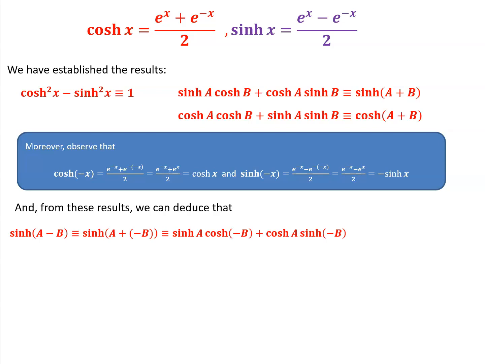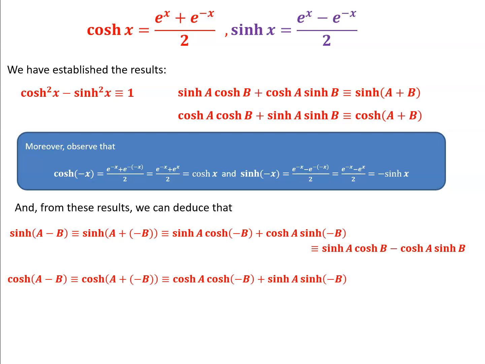So sinh of a plus minus b is going to be sinh a cosh minus b plus cosh a sinh minus b. Cosh of minus b is the same thing as cosh b. Sinh of minus b is the same thing as minus sinh b. So we're ending up that sinh of a minus b is sinh a cosh b minus cosh a sinh b.